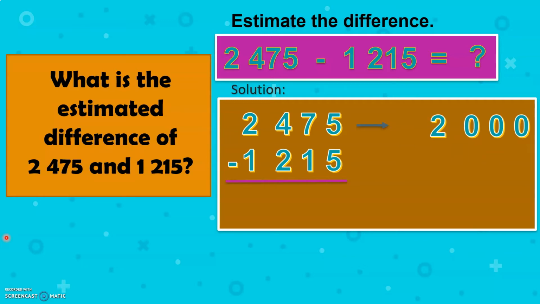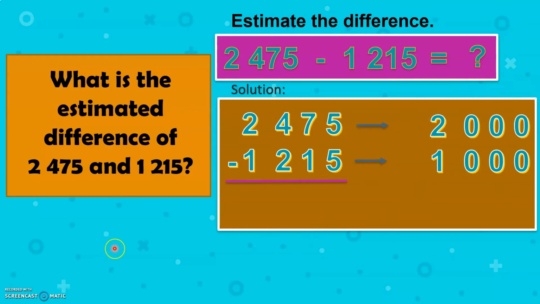How about 1,215? What is 1,215 rounded off to the nearest thousands? Exactly, it is 1,000. So after we round off, we will now proceed to subtracting the rounded off numbers.